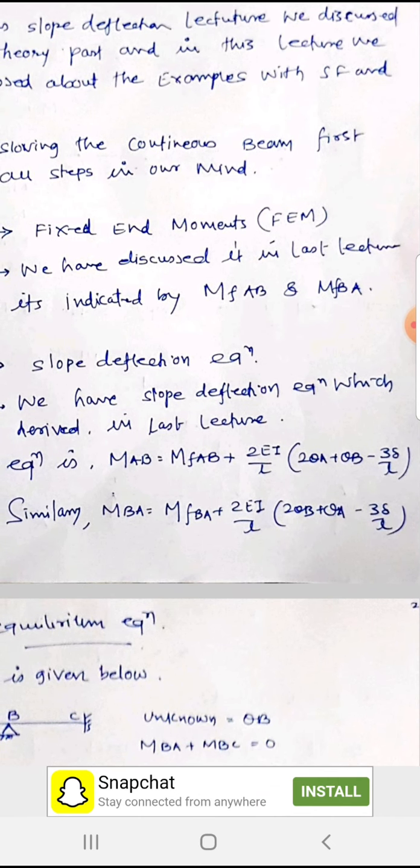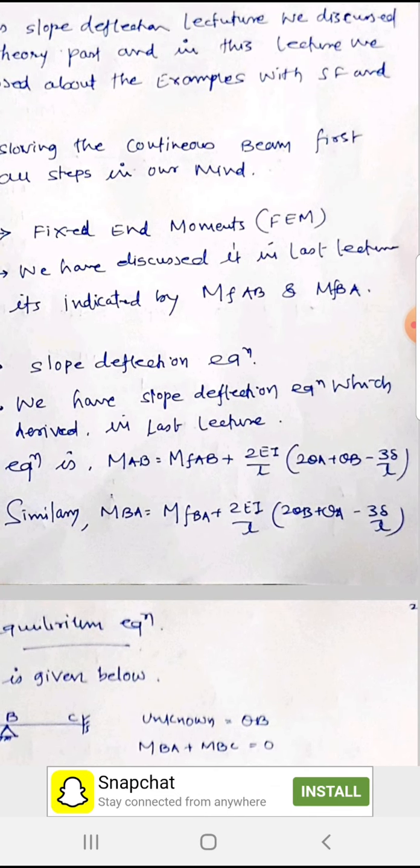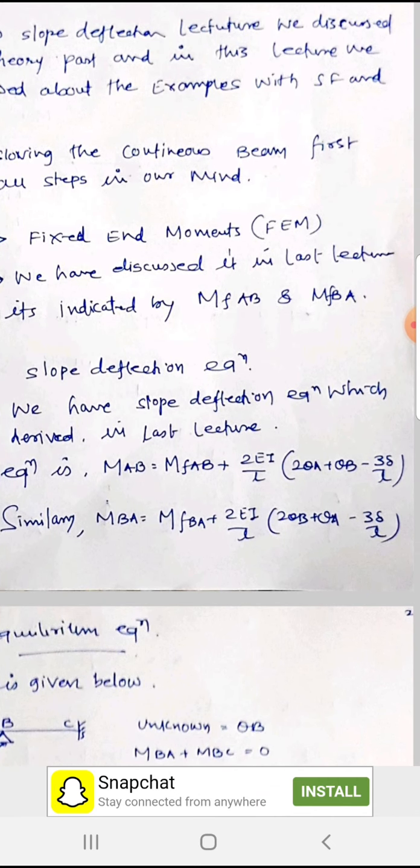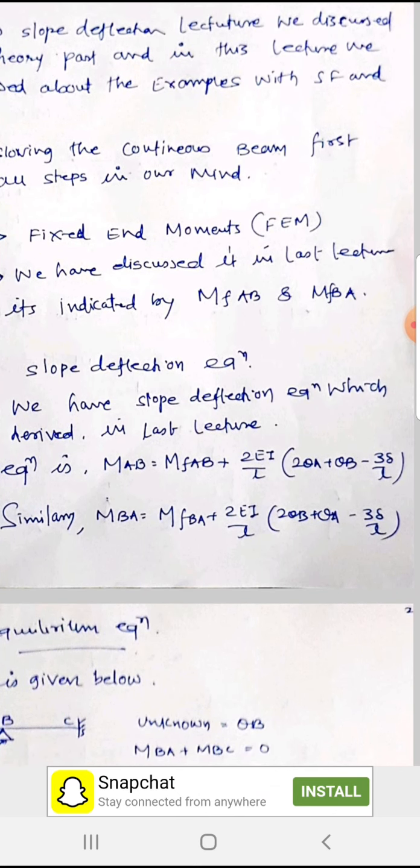Here there is a trick to memorize this equation. In MAB, the fixed end moment is also MFAB, and in the bracket there is 2 theta A, meaning here we take moment at A to B, therefore theta A is taken 2 times and theta B is single.